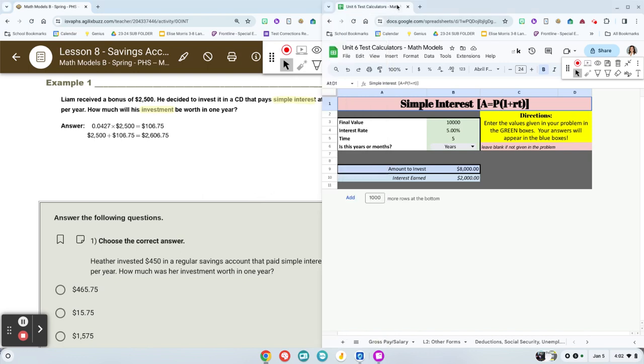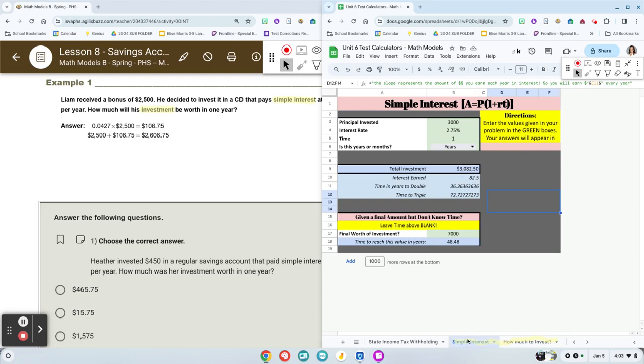So what you're going to want to do is on the landing page, select Financial Calculator, and then open up the Unit 6 test calculator and find the tab at the bottom. Let's scroll there. You could use simple interest or how much to invest. They're the same calculator. Okay, so either one of those will work.